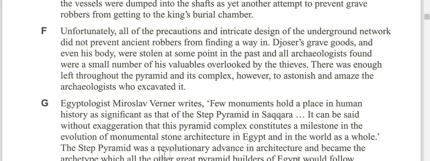Egyptologist Miroslav Verner writes, few monuments hold a place in human history as significant as that of the Step Pyramid in Saqqara.